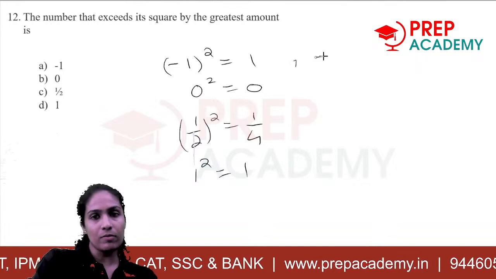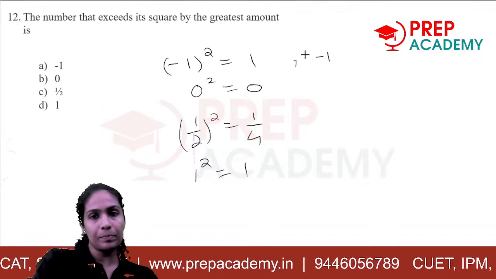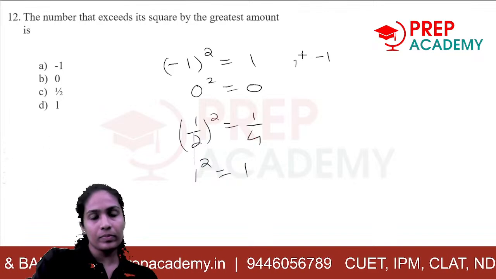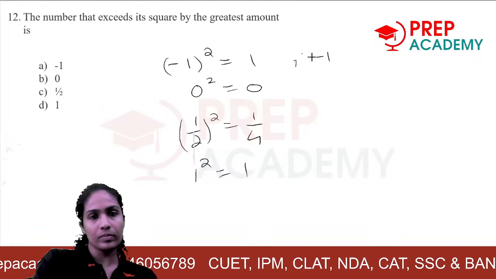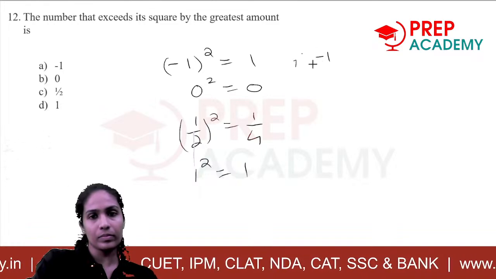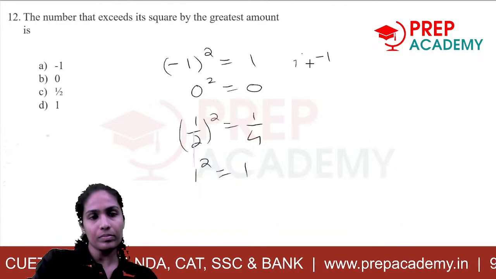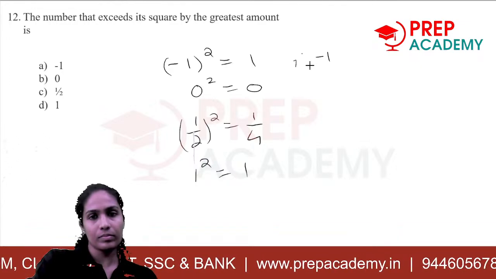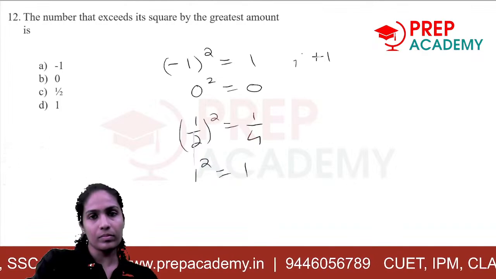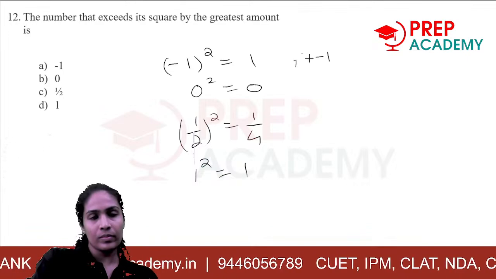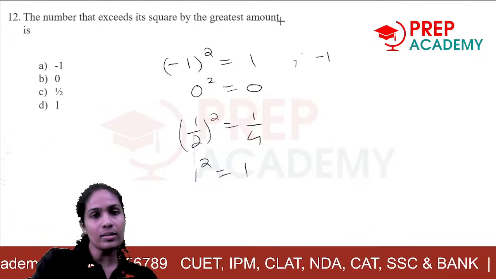The number is -1 and the square is 1. So the difference is... The question is to find that number that exceeds its square by the greatest amount.